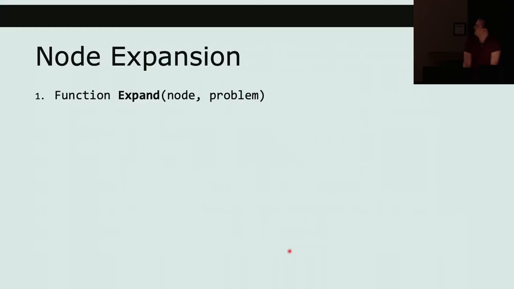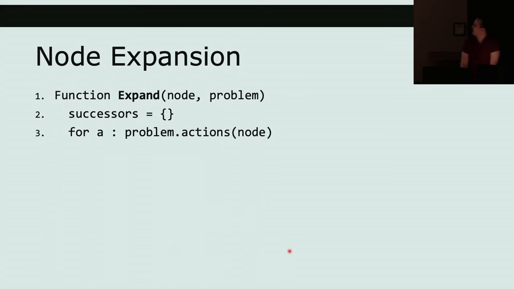This function takes in a node, and it takes in a problem definition. That problem definition just contains the legal actions and stuff. So what we're going to do is have an array or a collection of successors. The successors are going to be the children of that node in the search tree. Then, for each legal action A from the state of that node, so for every legal action that we have, we're going to first, this S should probably be an N, I apologize for that.